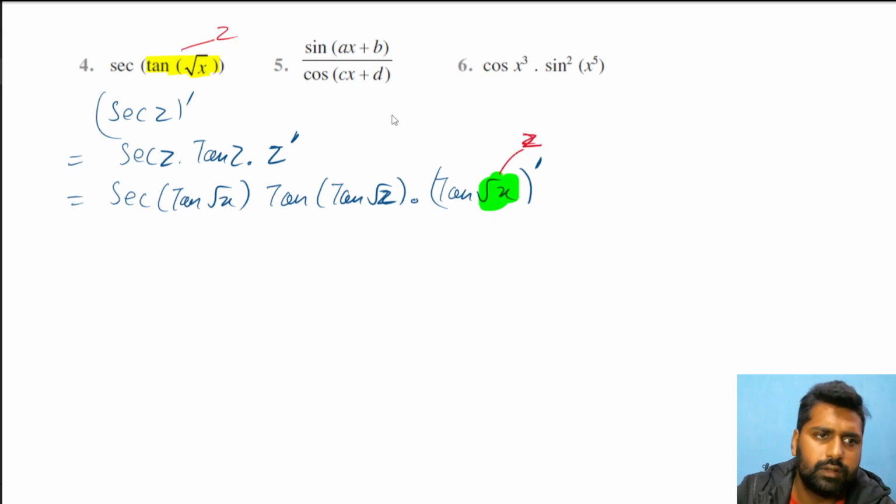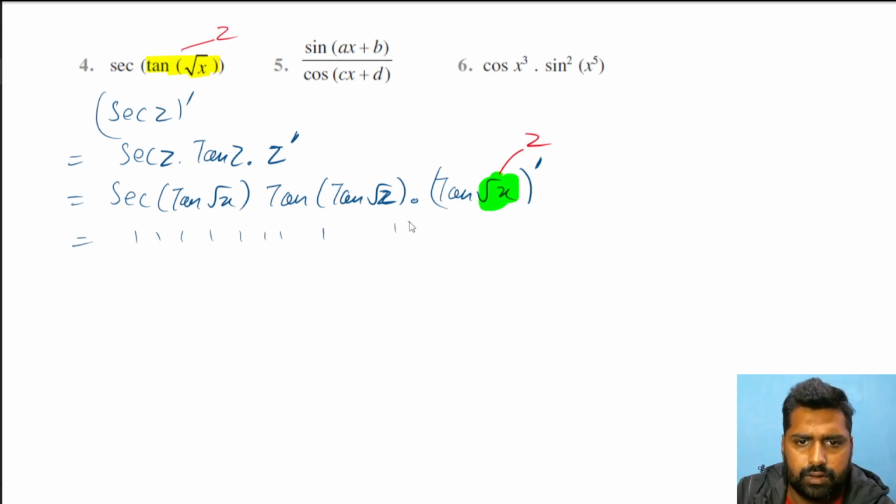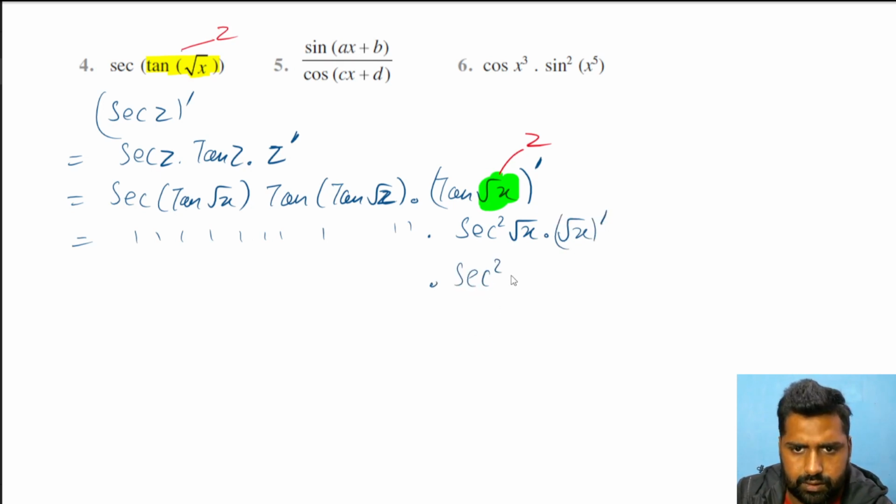Okay, new z. Okay, copy this. Okay, and the differentiation of tan z is sec square z, that is root x, into z dash, that is root x differentiation. So into sec square root x. What is the differentiation of root x?